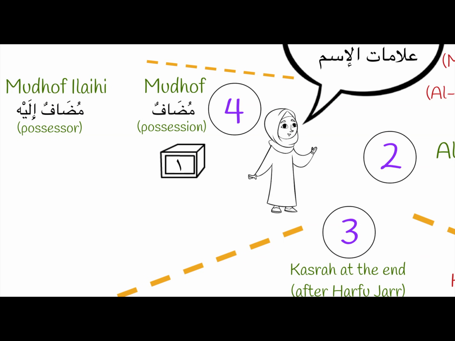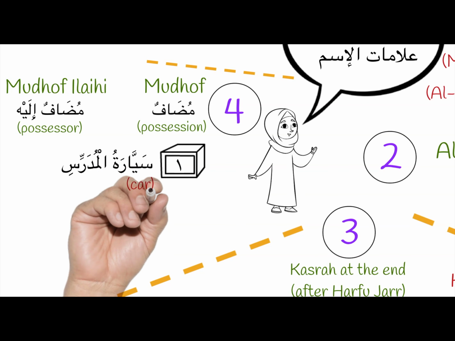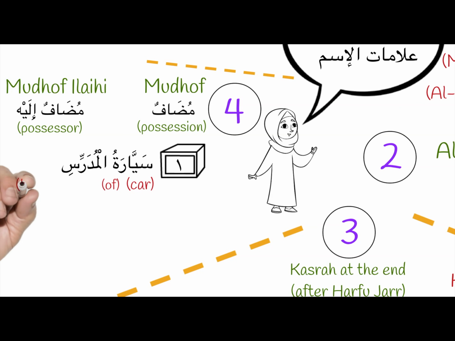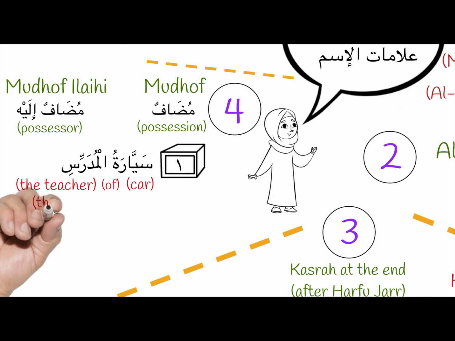For example, sayyaratu al-mudarrisi, which means the car of the teacher, or basically the teacher's car. In this case, the kalima sayyaratu is the mudaf, which is the possession, whereas al-mudarrisi is the mudafun ilayhi, which is the possessor or the owner.